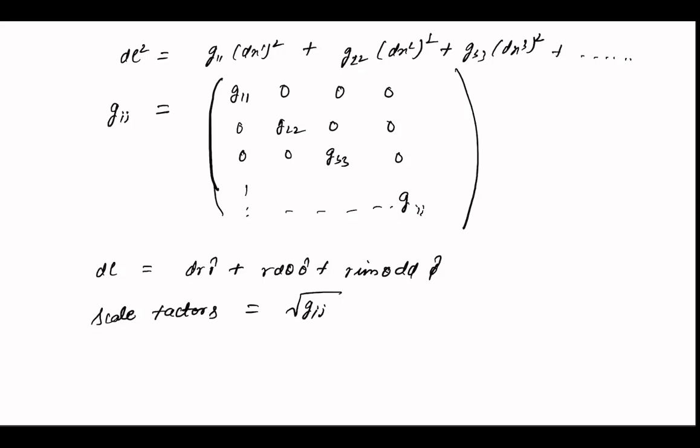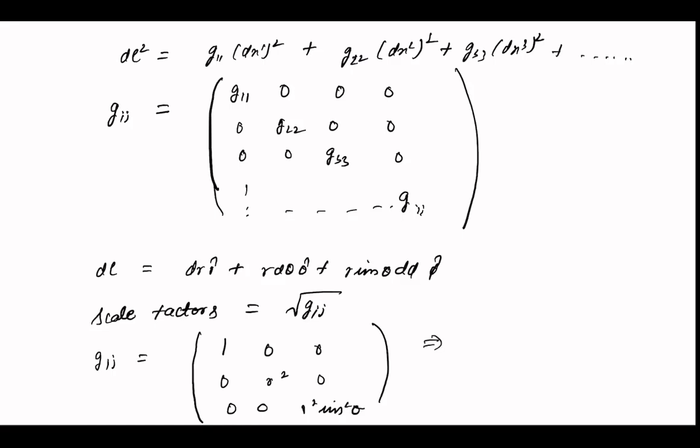So in our case, the elements of the metric tensor are just the squares: 1, 0, 0, 0, r square, 0, and 0, 0, r square sin square theta. These are the diagonal elements of the metric tensor corresponding to r, theta, and phi cap. Therefore the scale factors will be just the square root of these, which will be 1, r, r sin theta.